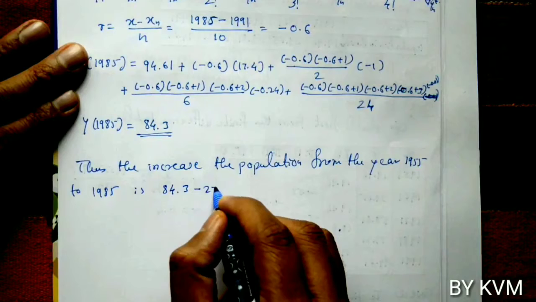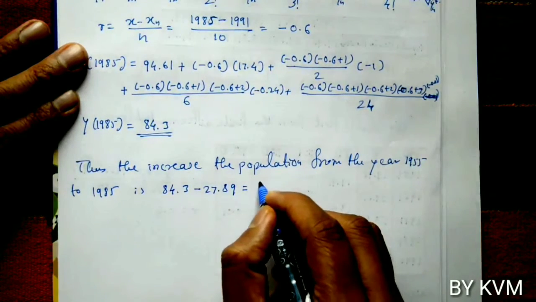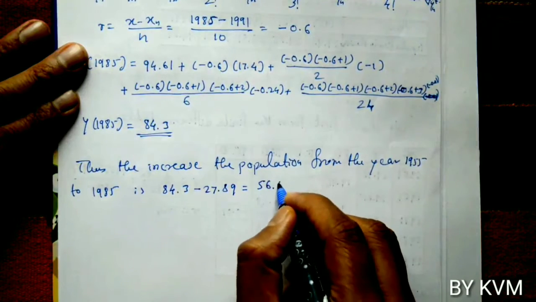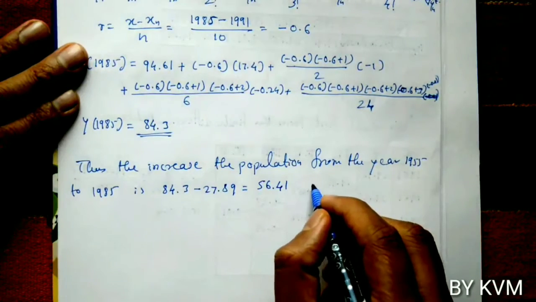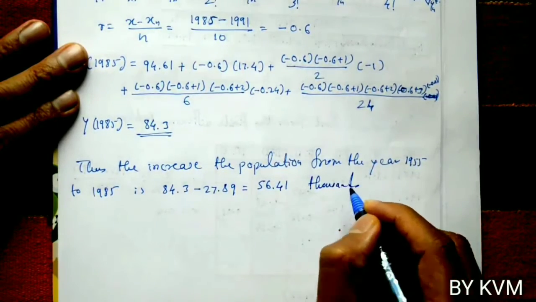That is, take the difference: 84.3 minus 27.89 is 56.41 in thousands.